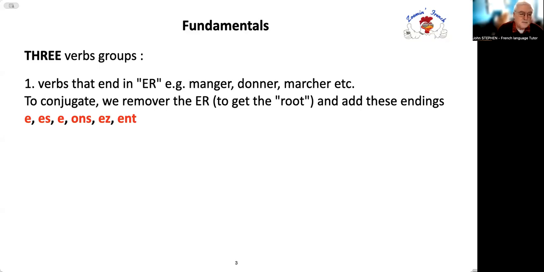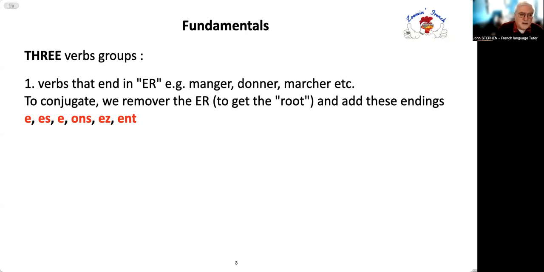Manger, meaning to eat. Donner, meaning to give. Marcher, meaning to walk. Each of those, as you will see, ends in the letters ER. And to conjugate those verbs, we remove the ER, and then we are left with what we call the root.